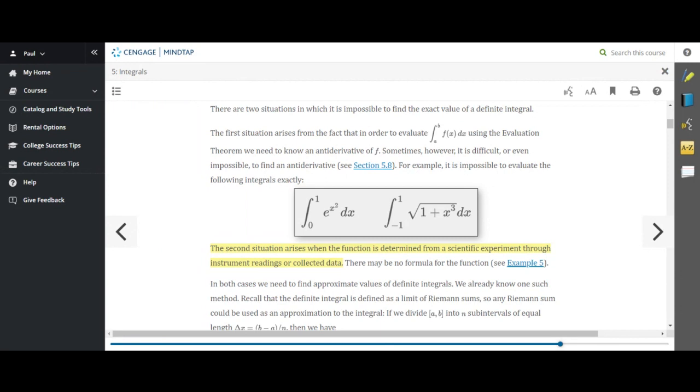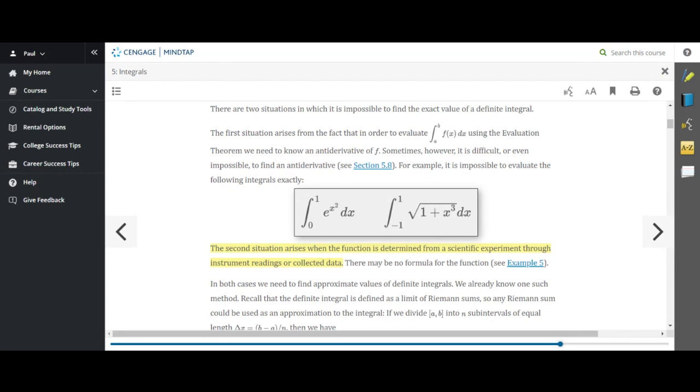How many remember back in Calculus 1 when you learned about an integral, if you want to find the exact area under a curve, the fundamental theorem of calculus was developed by taking areas of rectangles under the curve and then summing up those areas as the rectangles become smaller and smaller, and that produced the evaluation theorem.